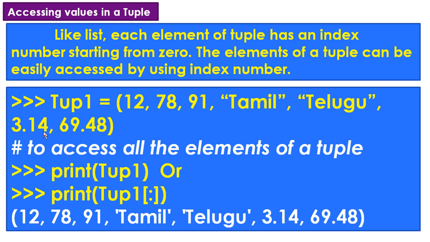Here is an example, tup1 equal to 12, 78, 91, Tamil, Telugu, 3.14, 69.41. Here the 0th element is 12, the first element is 78, the second element is 91 and so on. So 0 to n minus 1. To access all the elements of the tuple, we simply print tup1 or print tup1 within square brackets colon, that is, the starting value is not given and the n value is not given.